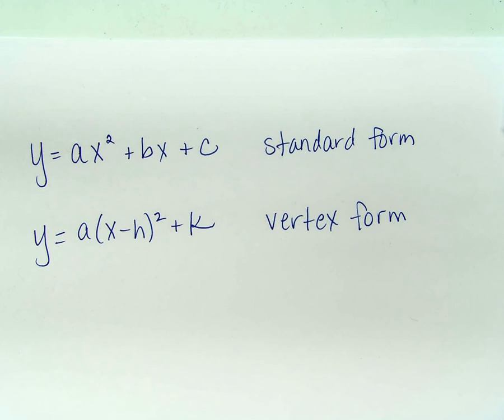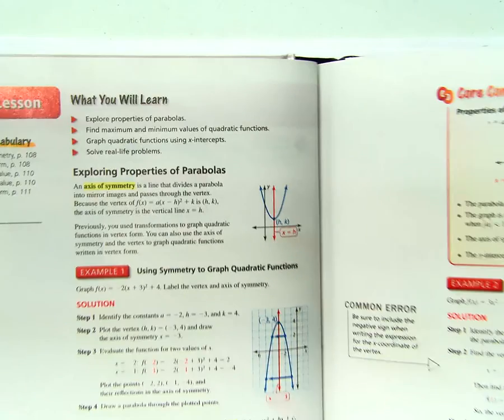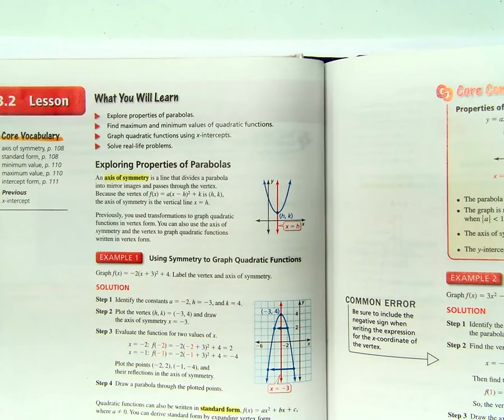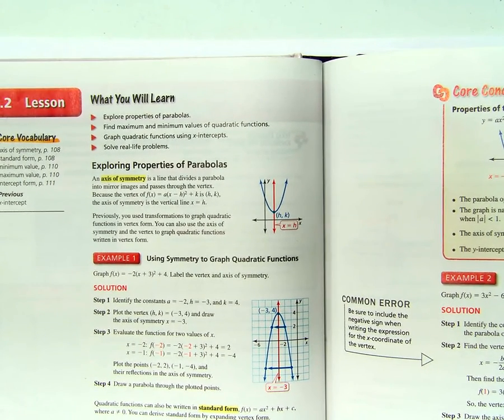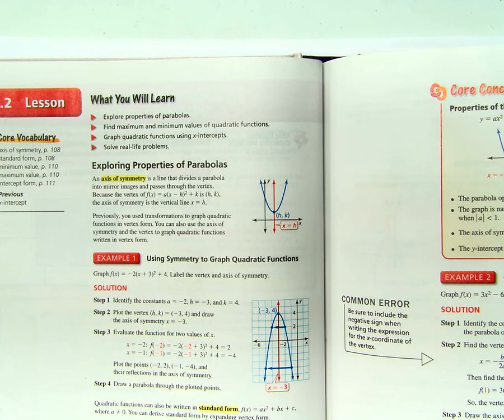So, first thing I want to show you, actually, though, is in your book. Okay? On page 108, please turn to page 108 in your book. I want you to have this to refer to as we're going through it. Okay?